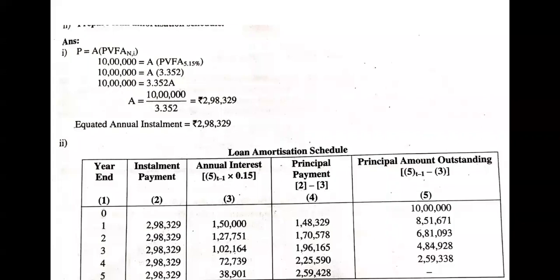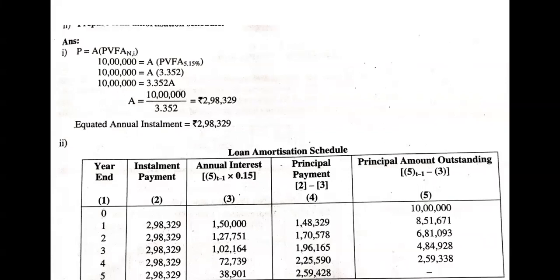P equal to A into bracket PVIFA bracket, number of years comma rate of interest. So P, the loan amount given, that is 10 lakh rupees, equals A, the annual installment we don't know, into the present value interest factor of annuity for 5 years at 15%.